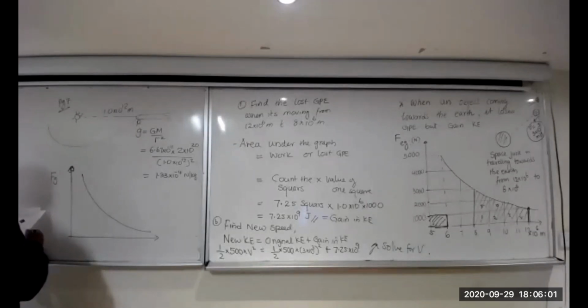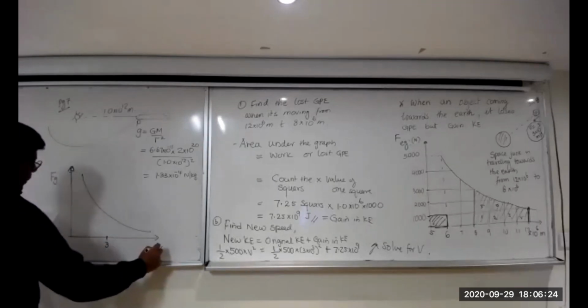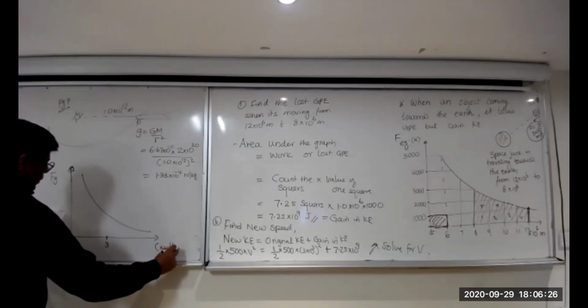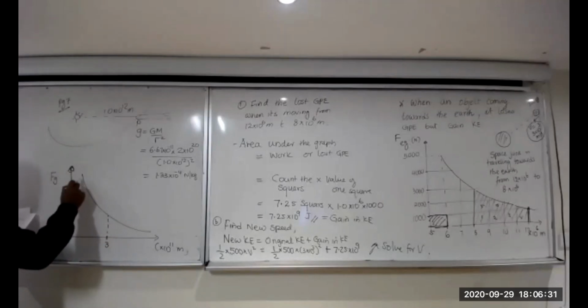The diagram below shows the gravitational force that the sun exerts on the comet as a function of distance from the sun. So 10 to the power 11. Estimate the increase in kinetic energy travelling from 3 times 10 to the power 11 here. It's pretty similar to 1 times 10 to the power 11.